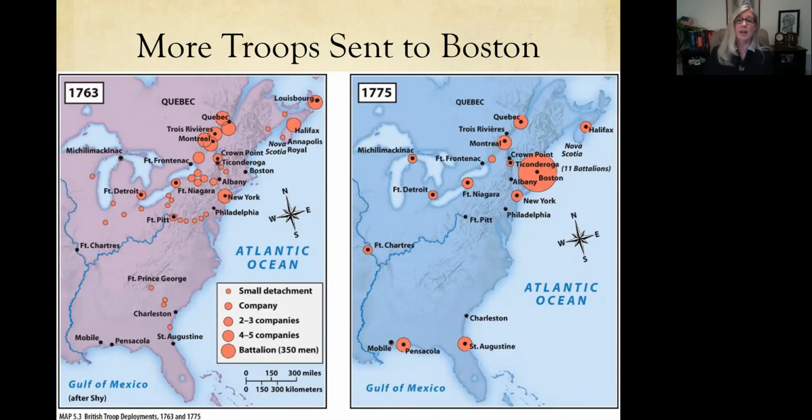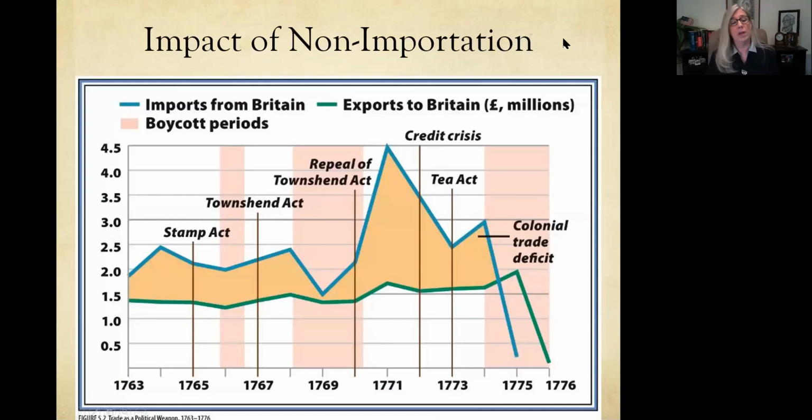This is what upsets the colonists, that if the problem is that they need to have more soldiers in the colonies in order to protect from native advancements or the American Indians in the region, then those soldiers need to be positioned out here in the West, not concentrated in and around an urban port city in Boston. So this is really adding to the irritation that the colonists are experiencing.